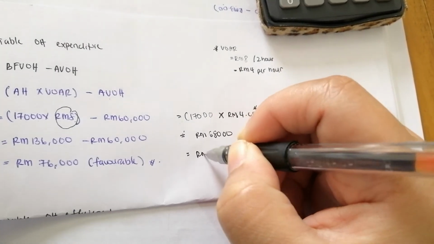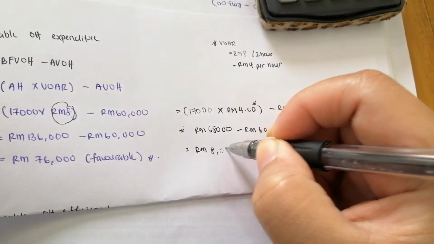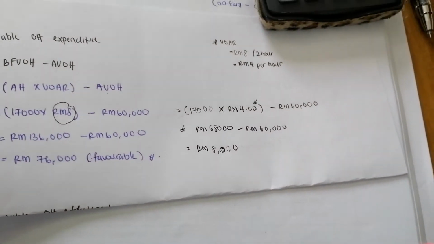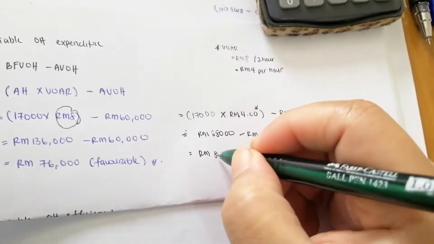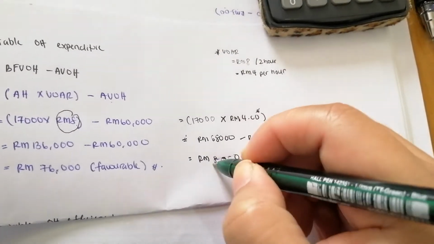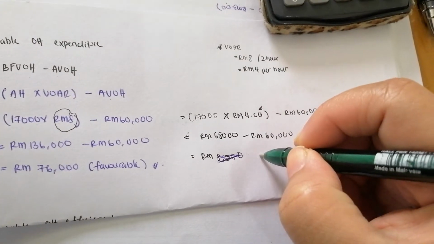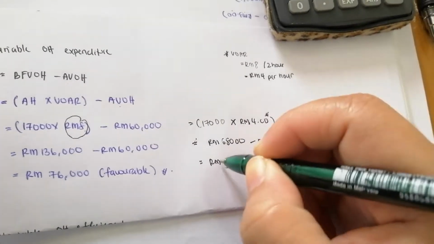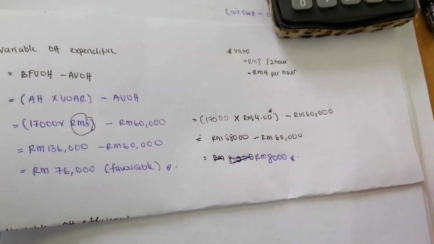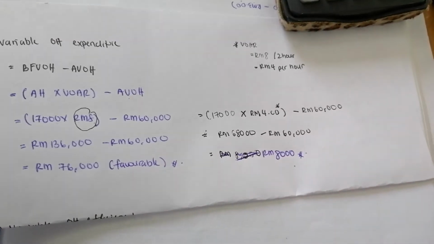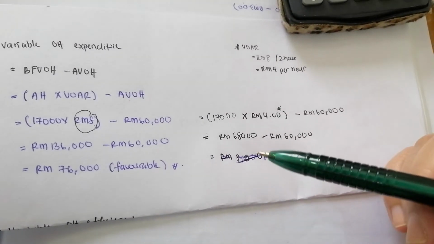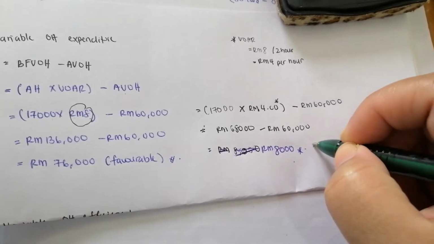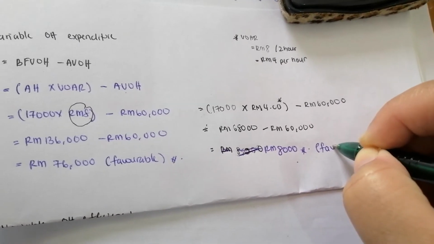So the answer is 8,000. Is it favorable or unfavorable? The budgeted flex amount is more than the actual, so it is favorable.